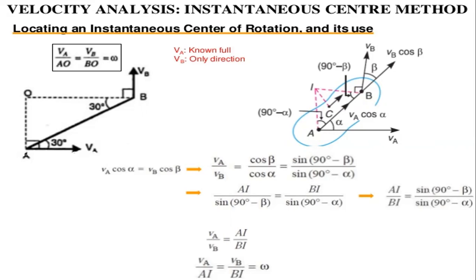So we are taking the angular velocity with respect to the angular positions. First of all, I am taking the velocity of A. Here, this is the velocity of A direction, which is equal to the x-axis.